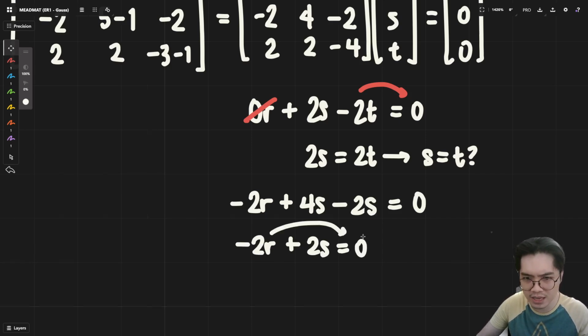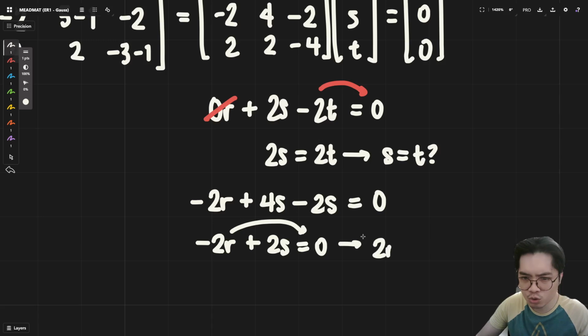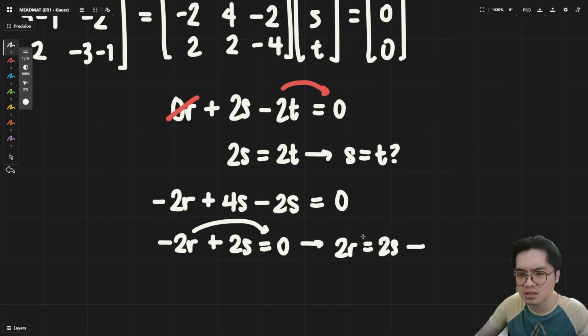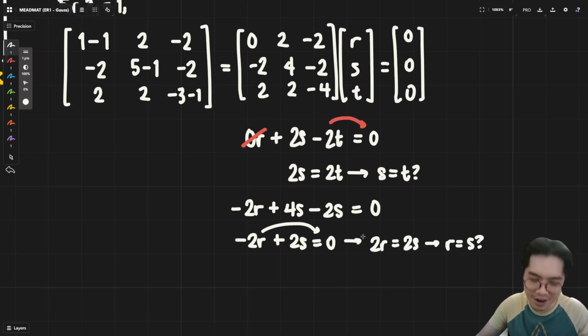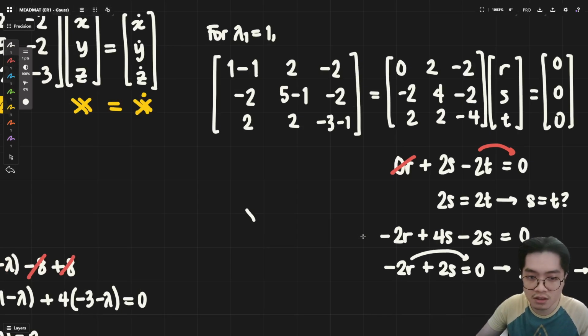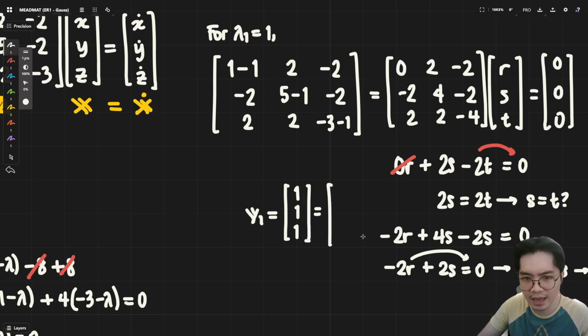Then 2r is equal to 2s, which means your r is equal to s. So if r is equal to s and s is equal to t, then the eigenvector here has r, s, and t all equal, aka a, or just 1, 1, 1 if you want. Everything in here will now be a.